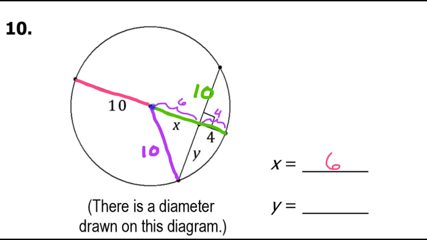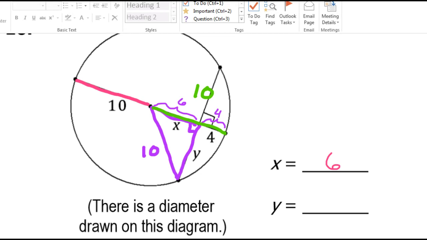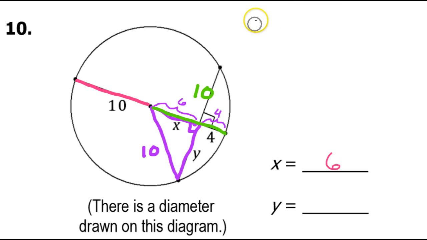Because look, now you can just focus your eyes on this right triangle right here. All right, we've got 10 and we've got 6, and we're trying to find y. So there goes your Pythagorean Theorem. So 6 squared plus y squared is going to equal 10 squared.